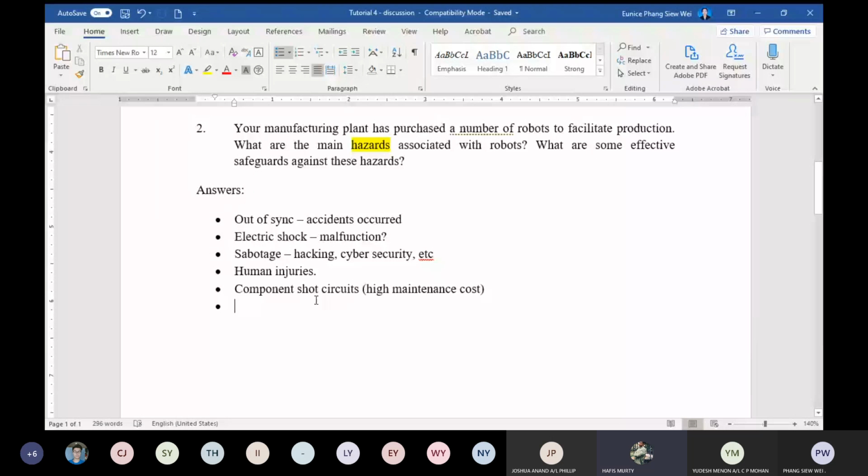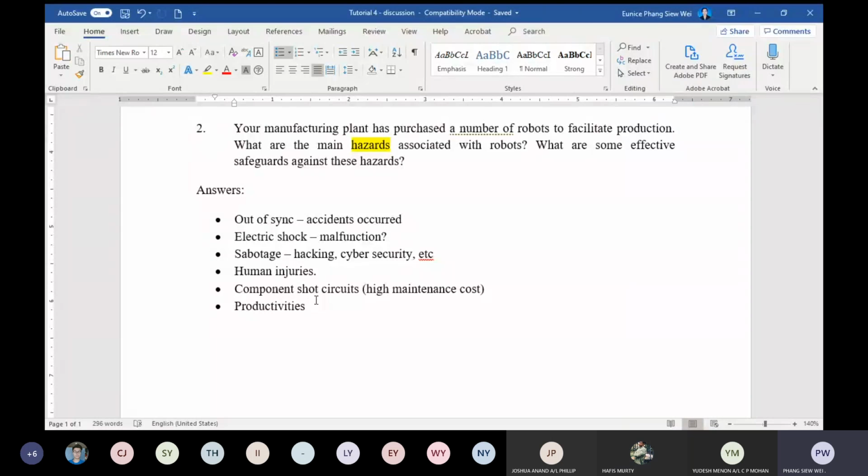Let's say there's a production assembly line and one of the robots is down. Therefore the assembly line cannot function, and the target amount of products for that day cannot be achieved. So it affects yield.